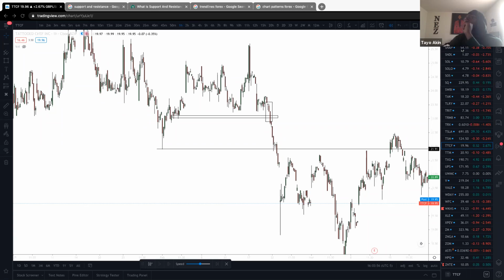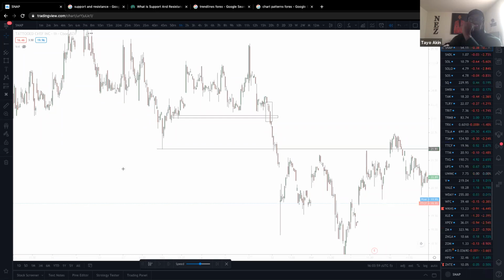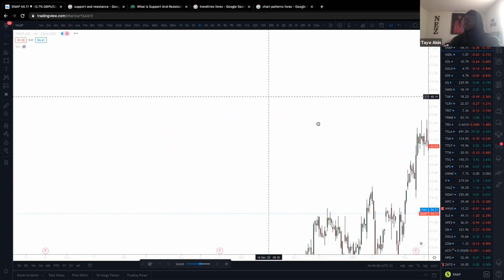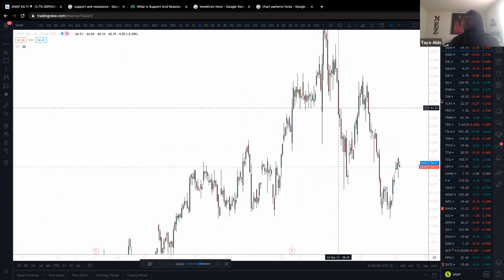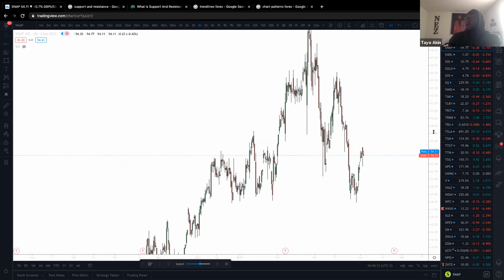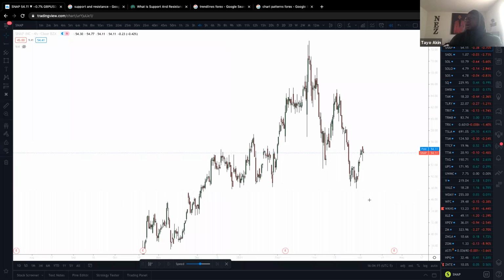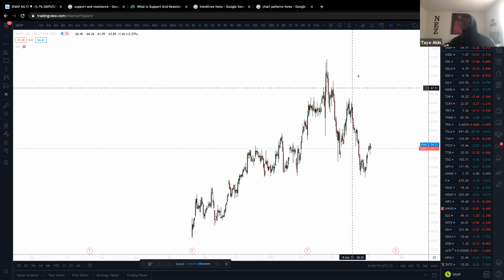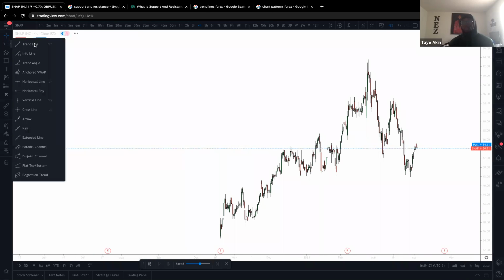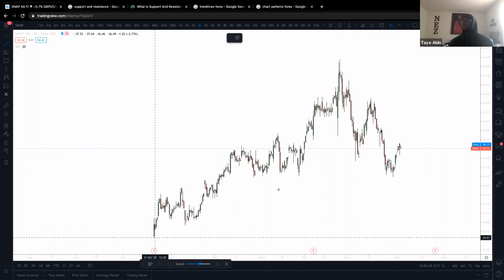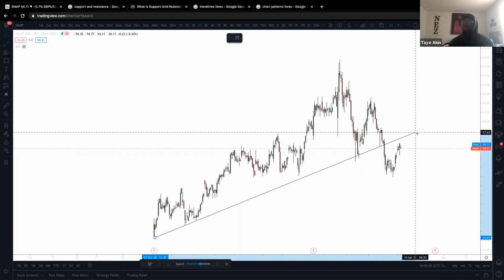Let's take a look at maybe Snapchat. So entries with just trend lines, same concept, except trend lines can be a little trickier.